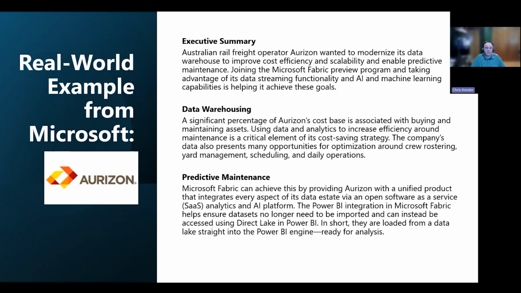It's also enabled predictive maintenance through all the sensors on their various rail cars, engines, and different equipment by using the real-time analytics aspect of Fabric to stream that data in real time and have real-time analytical dashboards that allow them to see and predict potential failures and get maintenance performed on that equipment before it actually fails, resulting in increased downtime, obviously, if it does.